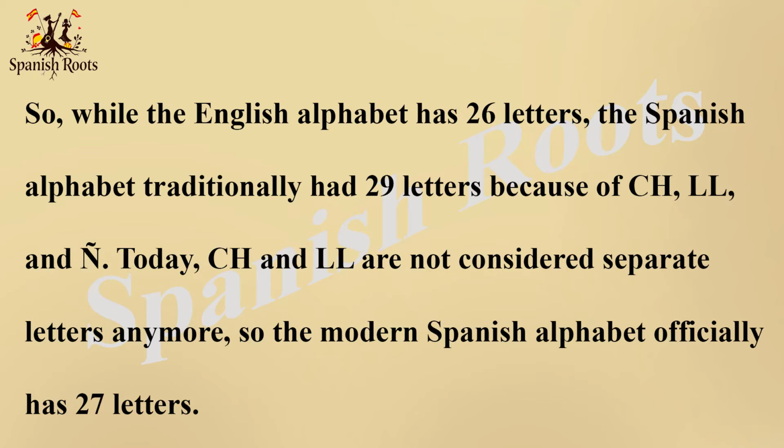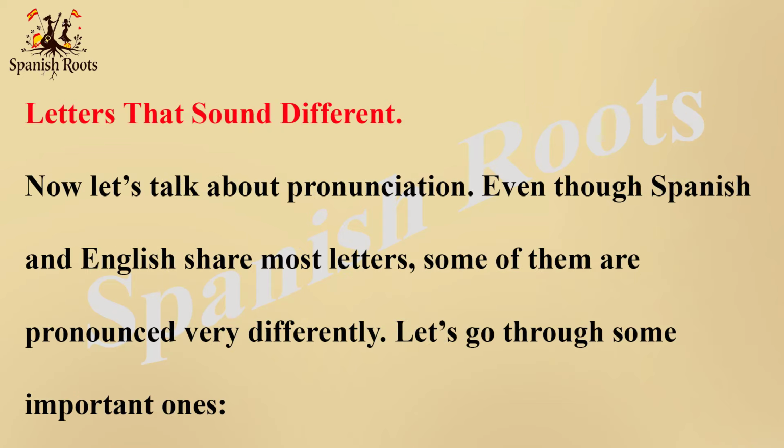So, while the English alphabet has 26 letters, the Spanish alphabet traditionally had 29 letters because of CH, LL, and Ñ. Today, CH and LL are not considered separate letters anymore, so the modern Spanish alphabet officially has 27 letters.